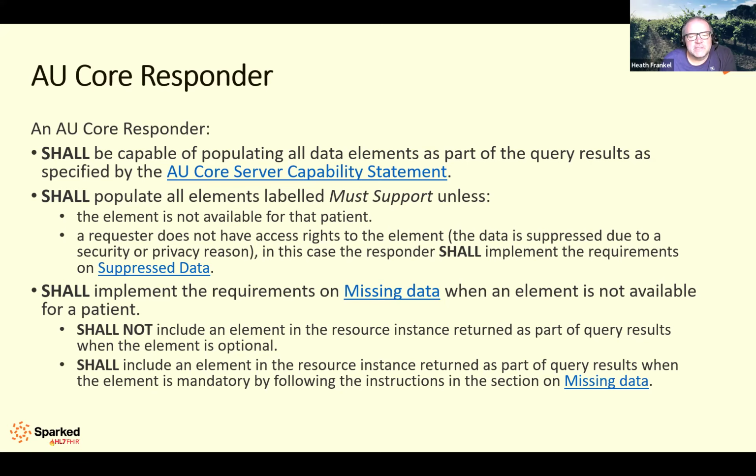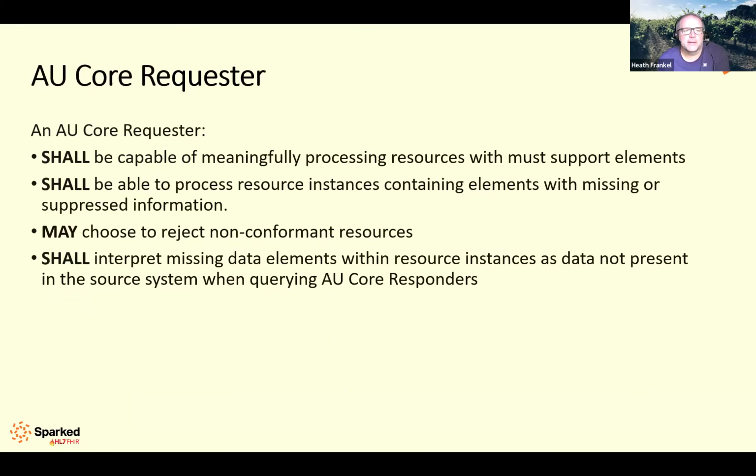If there is missing data for a patient and the element is not mandatory, then we just don't populate it. If it is mandatory, then we must abide by the missing data rule, which is effectively adding some extensions or using a code that says it's unknown, etc. Again, that's defined elsewhere in the missing data section, which we won't go into today.